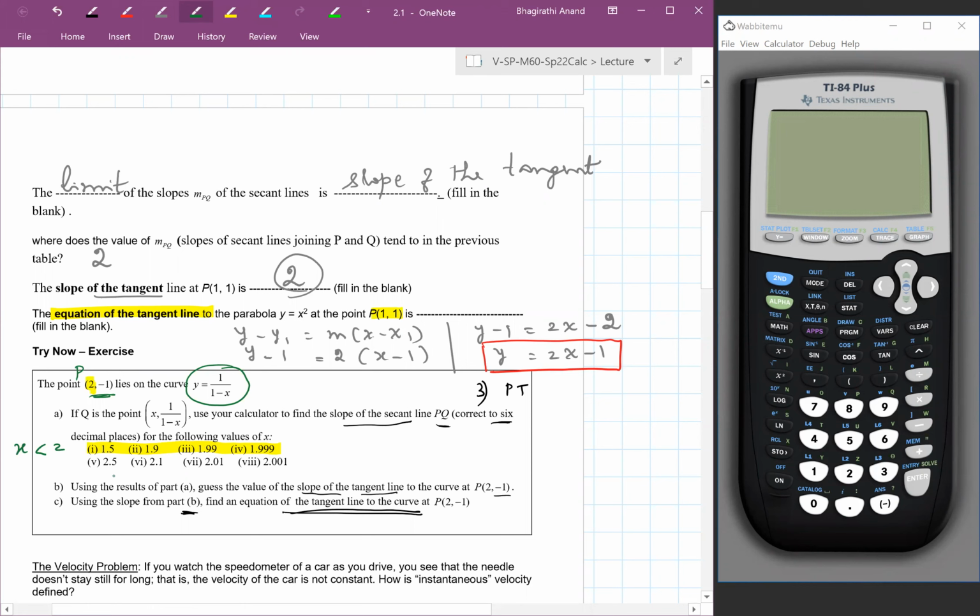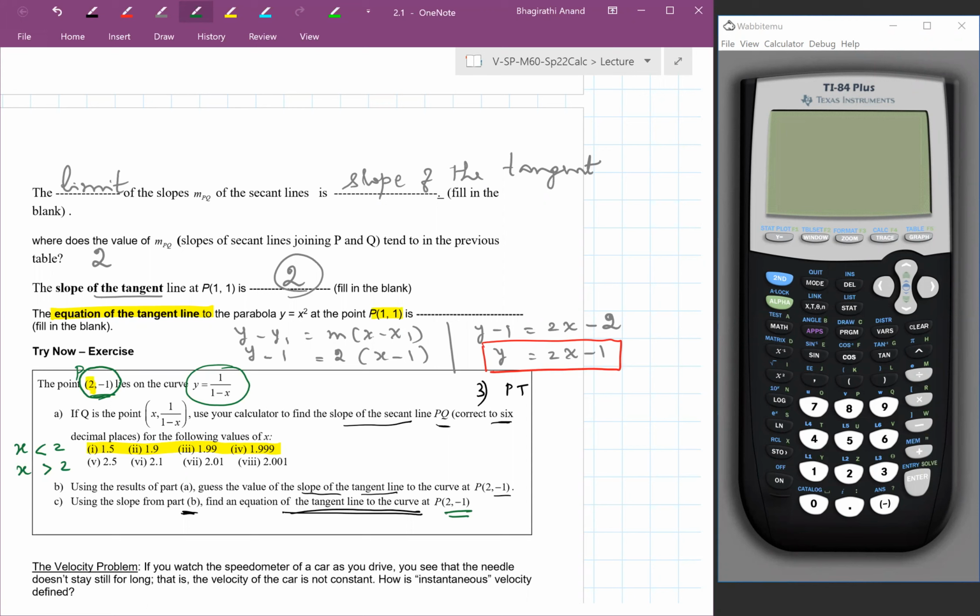The next set of values, 2.5, 2.1, 2.01, 2.001, start from 2.5 and decrease, but these are values larger than 2. Why did we pick 2? 2 is where you are going to; 2 is the x coordinate of the point P where you want the tangent. As I said earlier, this is also problem number 3 of the practice exam.